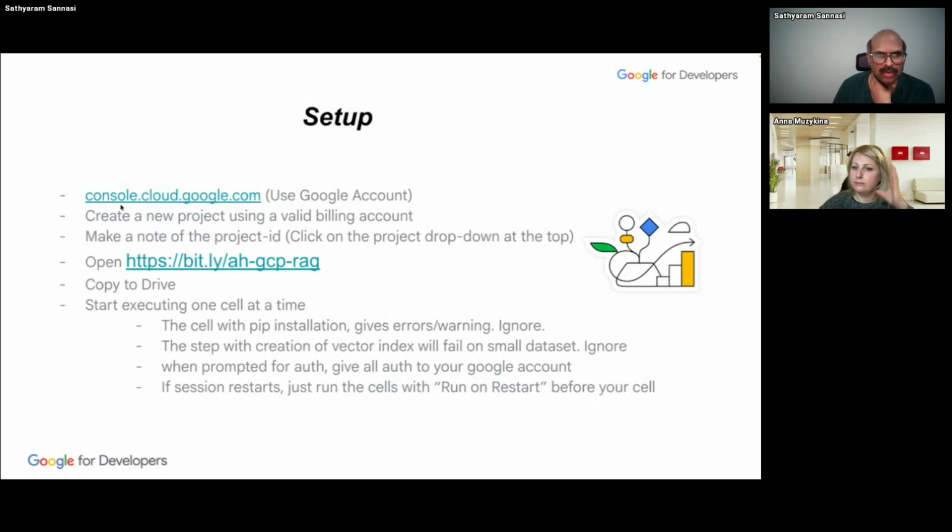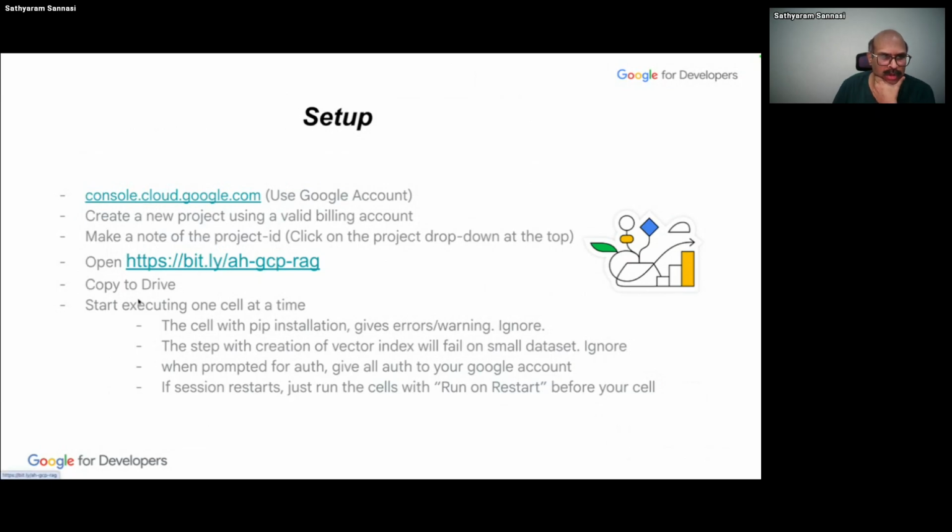You go to this link, then create a new project using a valid billing account, which is what this one would have provided. Make a note of the project ID, and then open the Colab notebook, copy it to your drive, and start executing one cell at a time.